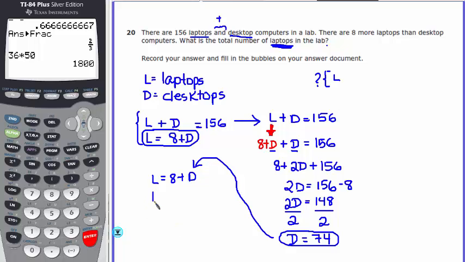We're going to substitute it again, and that's why this is called the substitution method, because you're substituting quite often. So this would be, instead of D, we're going to replace with 74, and L equals 82. So that means my answer for this problem is L equals 82. All right, very good. Let's proceed to the next problem and see what we get.